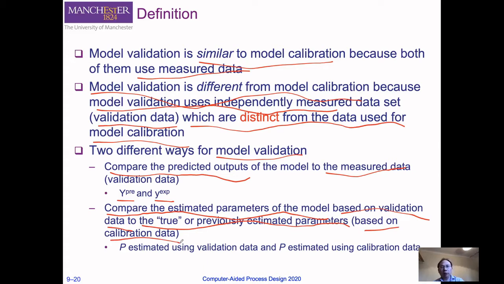That means from the calibration data, we can get the values of the parameter, and using the model validation data, we can also get the values of the parameter. Then we can compare the values of these two parameters and then to see the difference. The smaller the difference, the better the prediction.